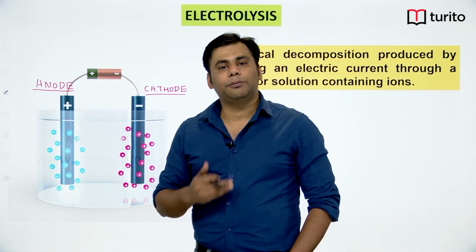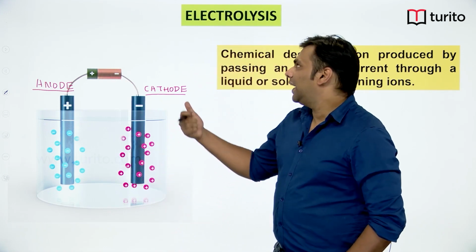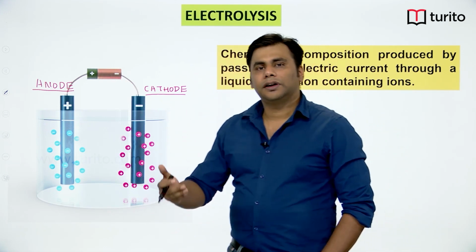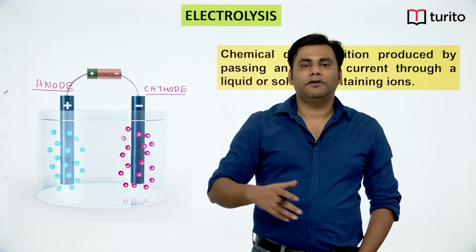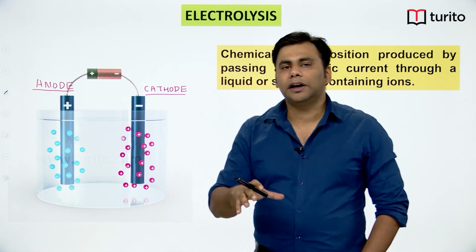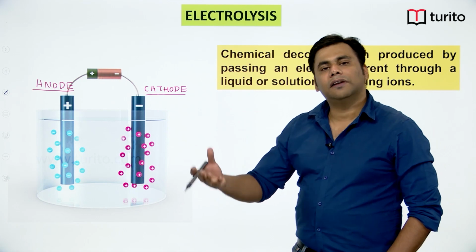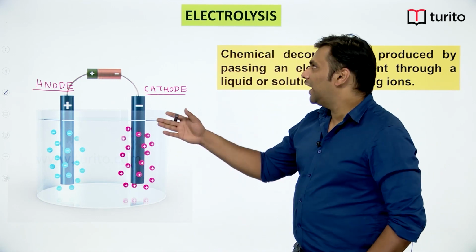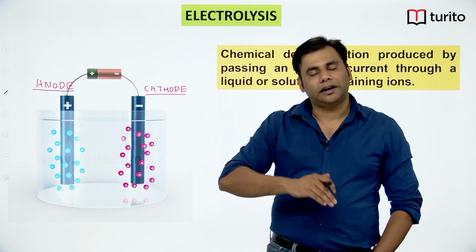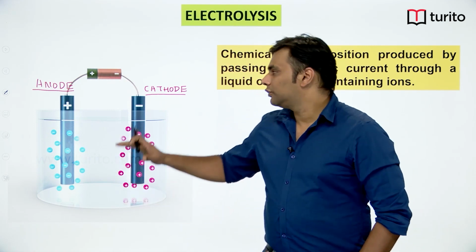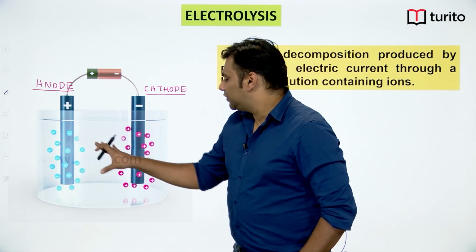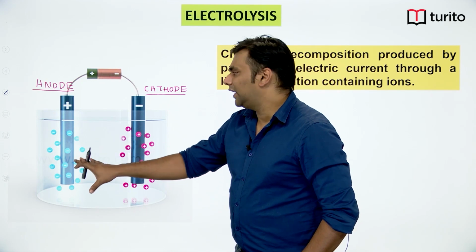Through a galvanic cell we produce current, whereas in an electrolytic cell we use electrical energy to break a particular compound. So in a galvanic cell energy is produced, whereas in an electrolytic cell electrical energy is consumed. The electrolyte breaks in the solution as cation and anion.